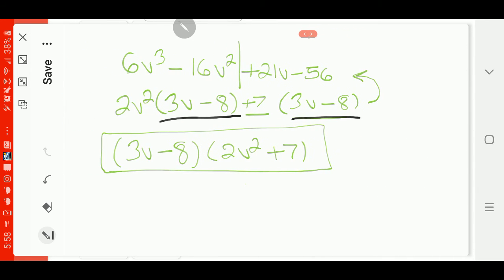Because I found the 3v minus 8, I quickly move that to this side of the gate because these two terms have to be equal.